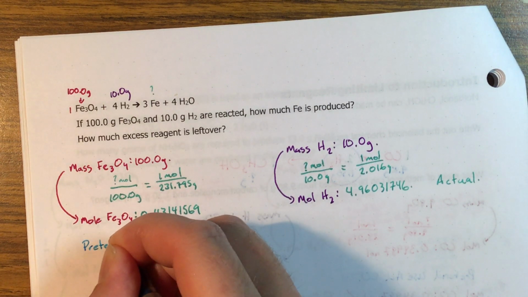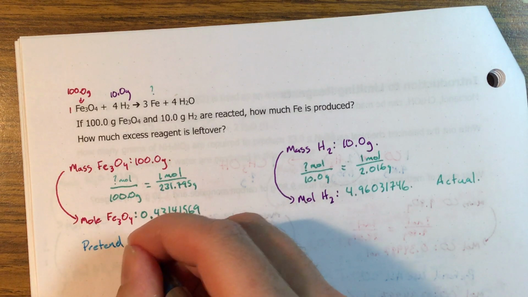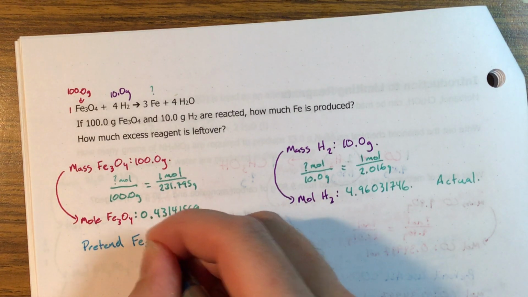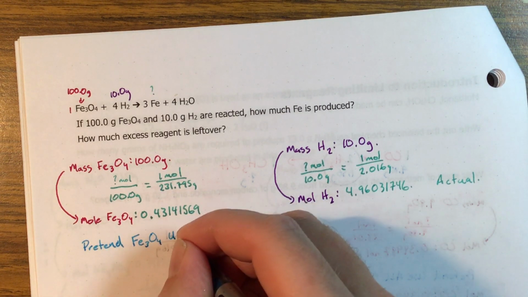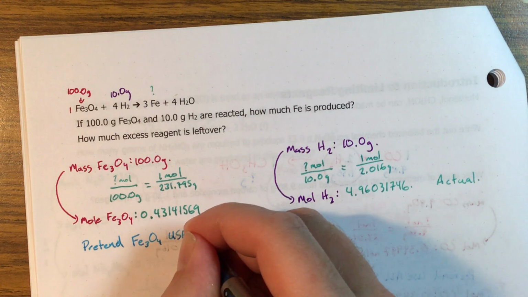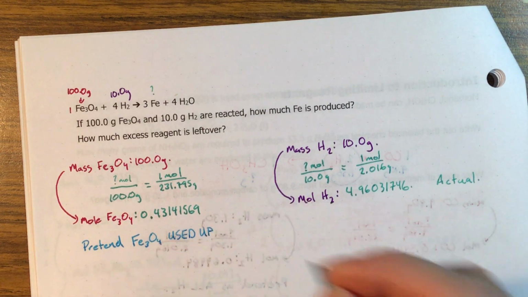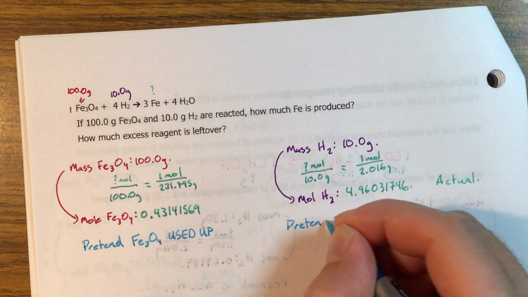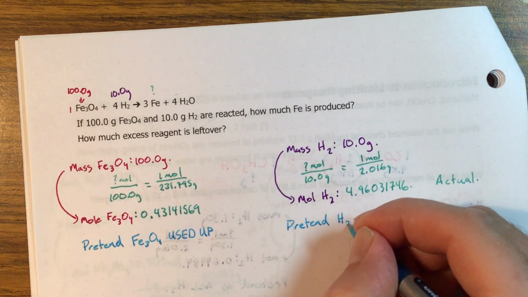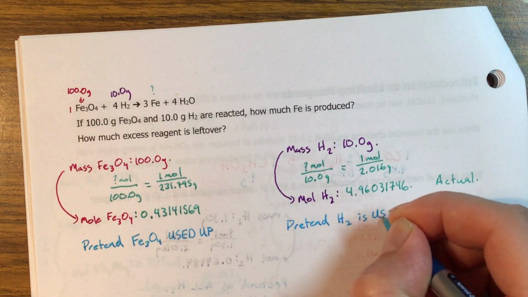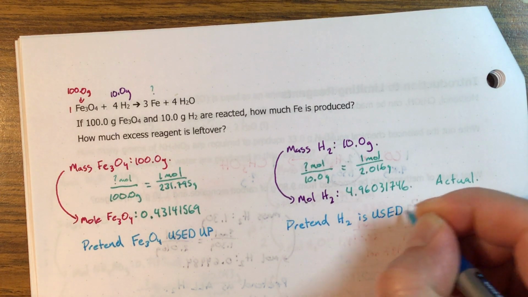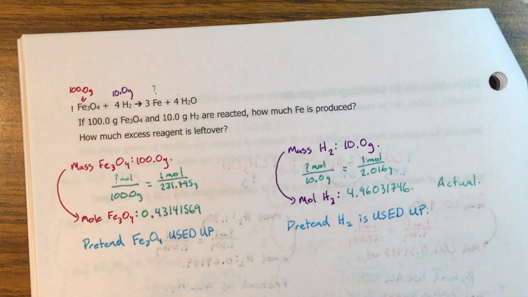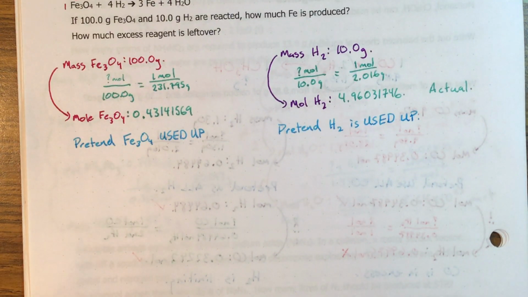Pretend Fe3O4 is used up. That's scenario 1. Scenario 2 is we're going to pretend H2 is used up. Right, there are 2 scenarios.